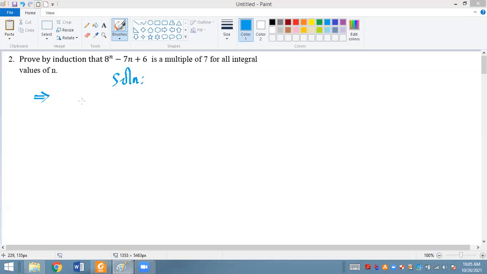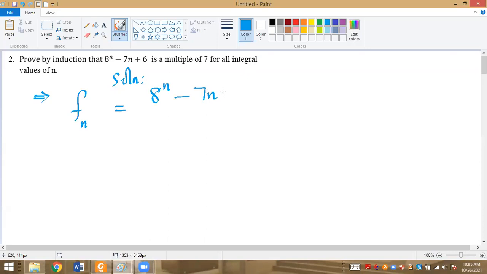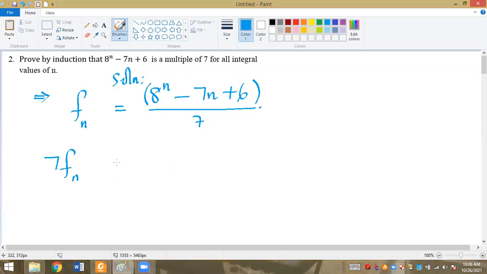So if I say f at n is equal to 8 power n minus 7n plus 6 divided by 7, and that quantity is to be divisible by 7, then the values at any value of n you get are multiples of 7. So 7 f n on cross multiplication is 8 power n minus 7n plus 6.